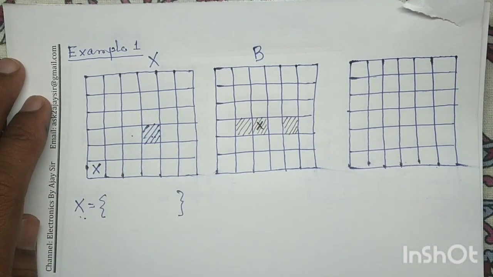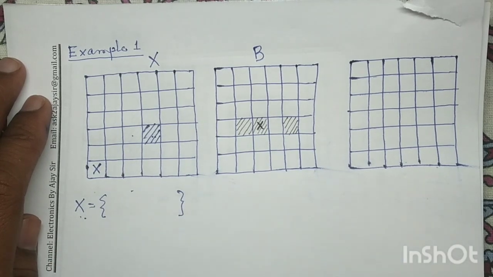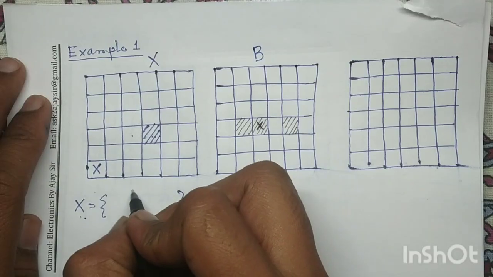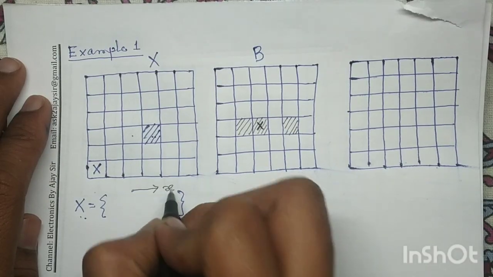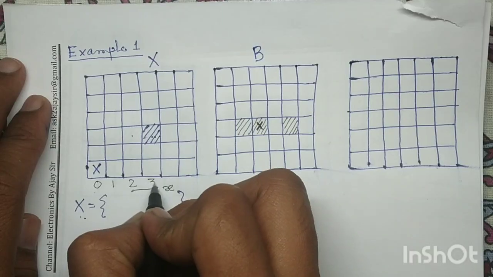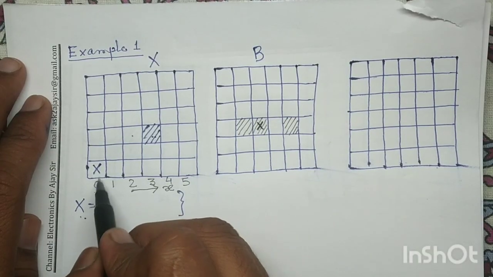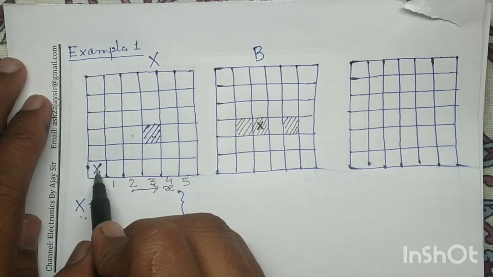First I will mention the indexing. Let us assume this is my positive x direction and this is my y direction. Since this is my origin, we start the indexing from this point.